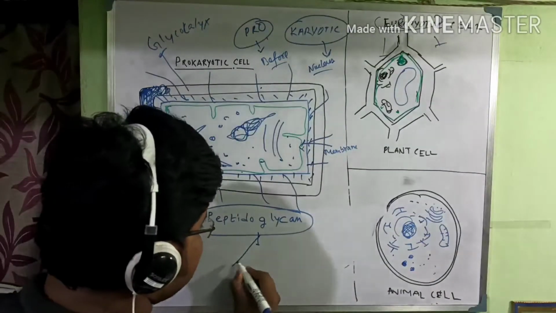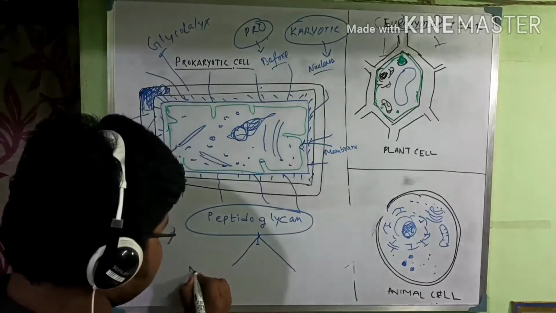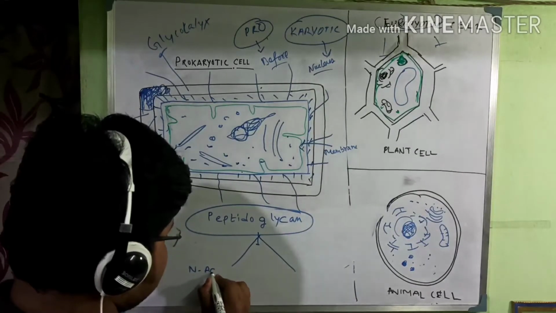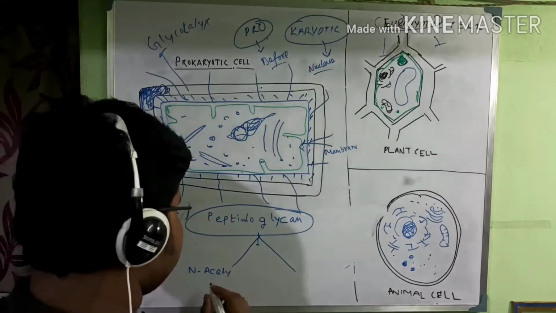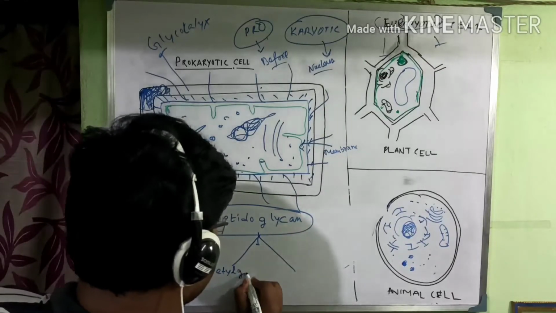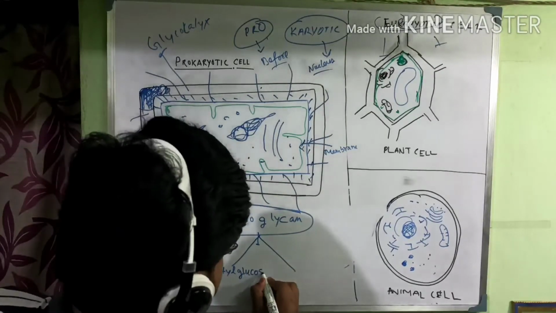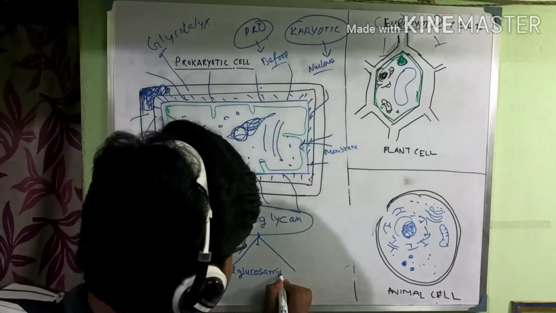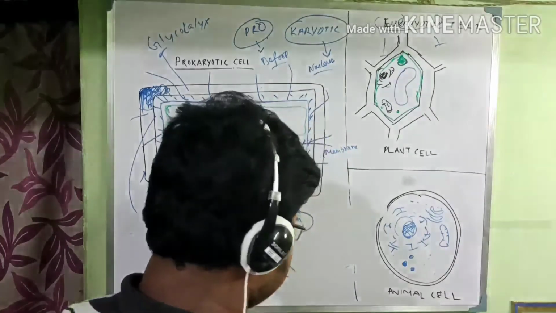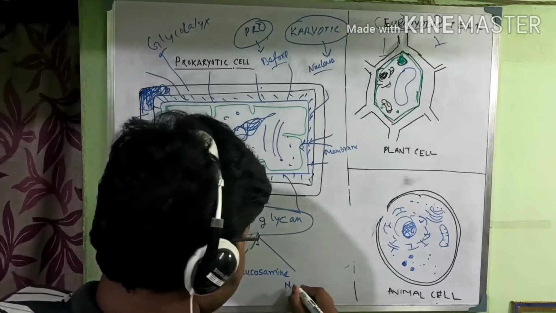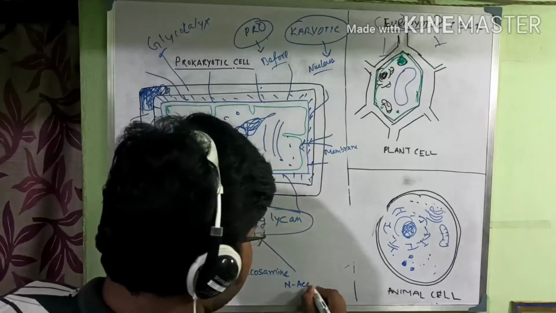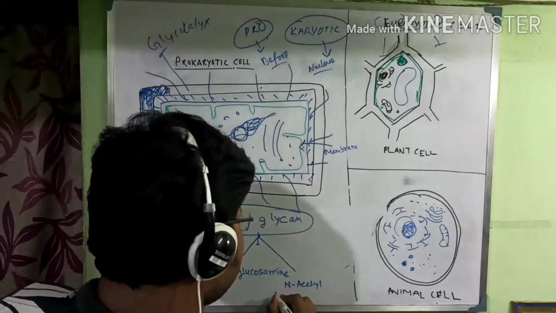Number one is N-acetyl glucosamine and the other is N-acetyl muramic acid.